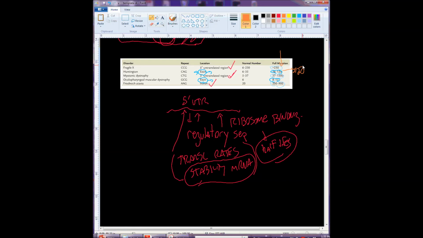So it could be that more repeats in the Huntington repeat region and the oculopharyngeal muscular dystrophy region lead to lethal conditions where the individuals just aren't born. So there's a limit to the amount of repeats that you can have with these genes and lead to a viable human, and there could be a limit because these are in coding regions.